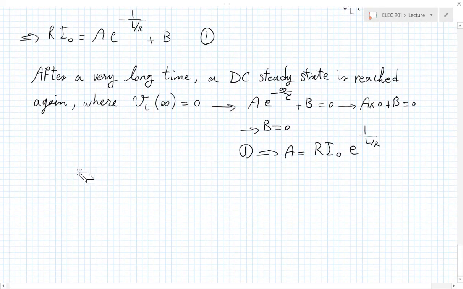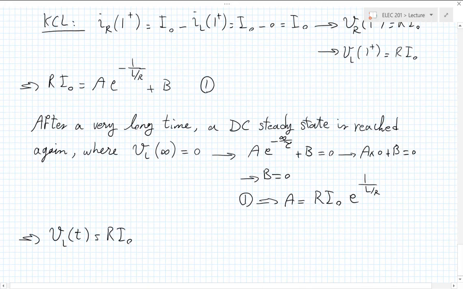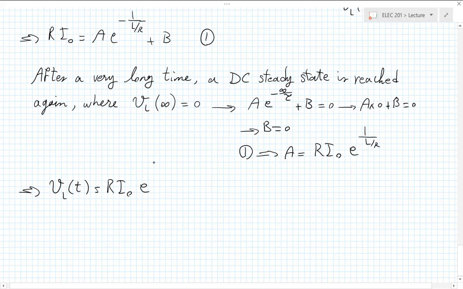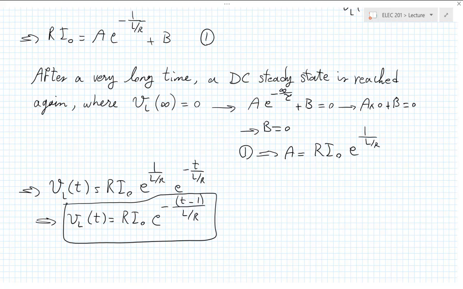So from here, VL of t is simply R I naught e to the power that times e to the minus t over tau, so it's again an exponential drop like we had before.